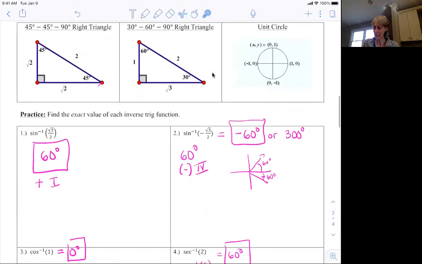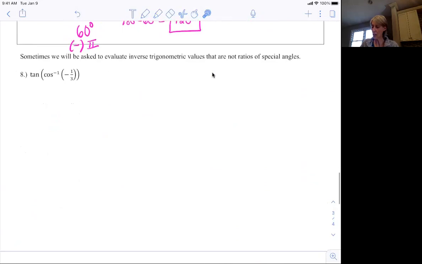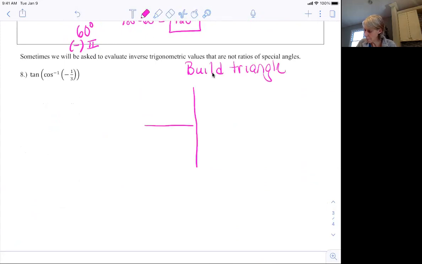Okay. In this instance, when we don't have a special triangle to work with, we have to build a triangle for ourselves. So we're going to build what we need to use. I know that the cosine is adjacent over hypotenuse.